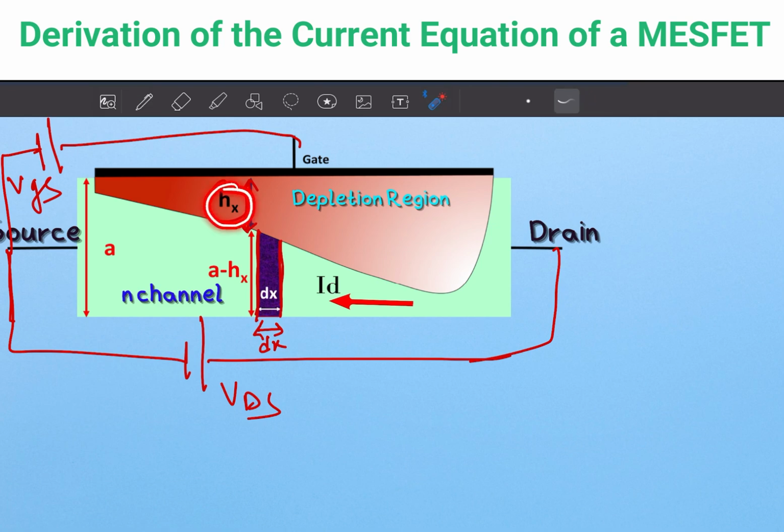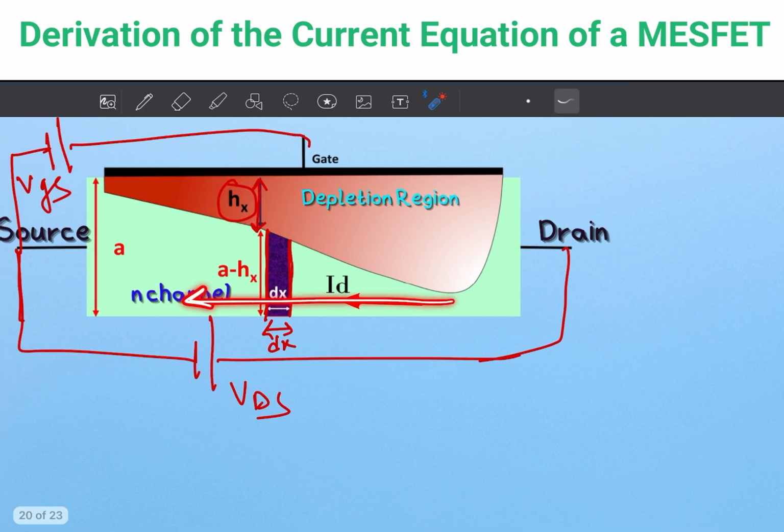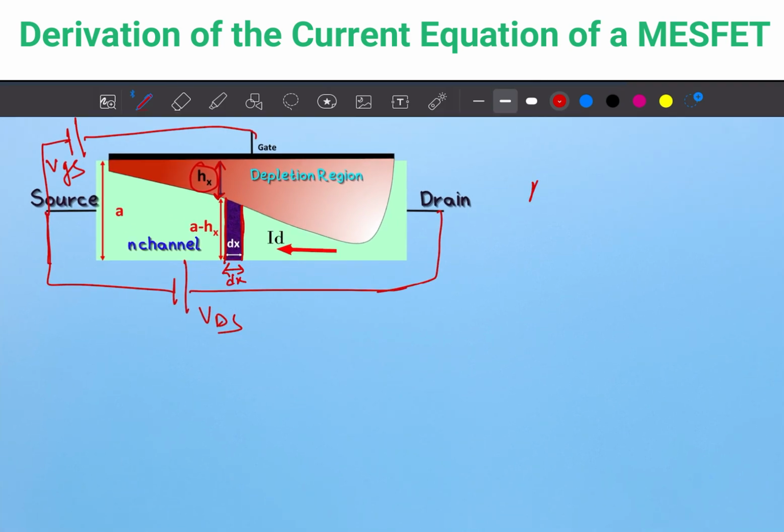The channel for the current flow will be a minus hx. So the area for the current flow will be W multiplied by a minus hx. And in this small area, the voltage drop will be dV.